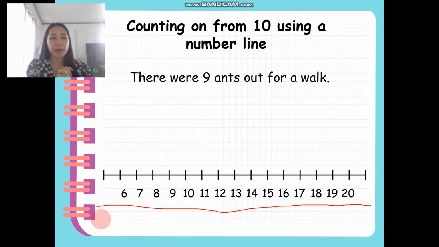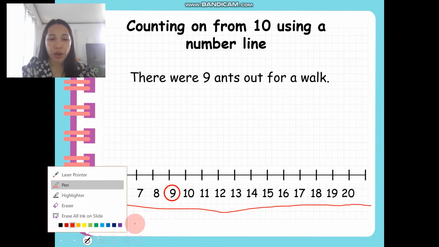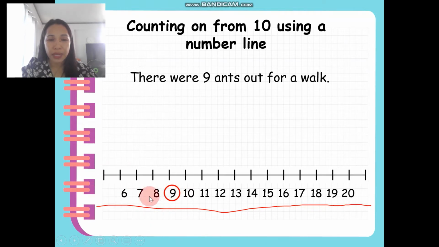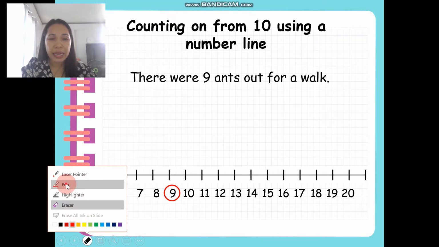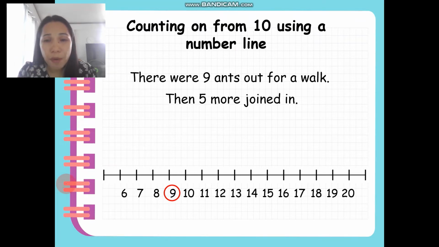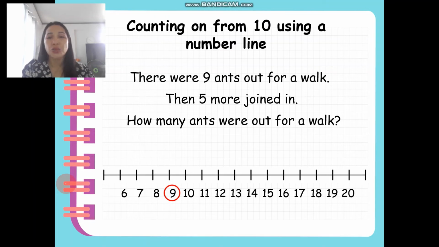Okay, so the first problem says there were 9 ants out for a walk. So I've started with 9, so I'm going to circle 9 in my number line. Then 5 more ants joined in. How many ants were there out for a walk?